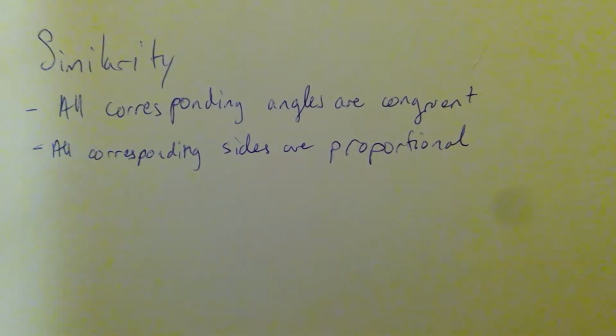Okay, now if you think back to our dilation video, we said that all angles have to be the same and our sides are proportional. In similarity, here's our definition. They're proportional by the scale factor, which we talked about in our last video. Okay, so we're going to look at those in a minute.